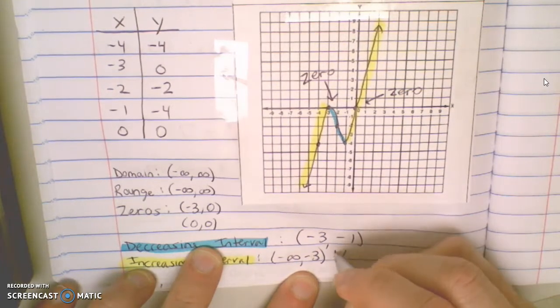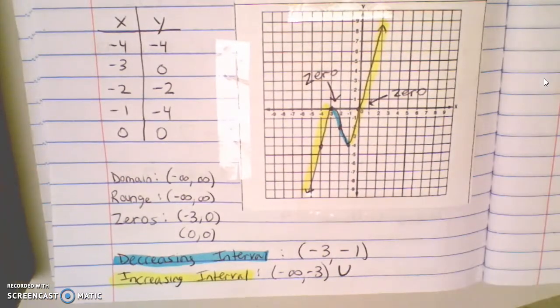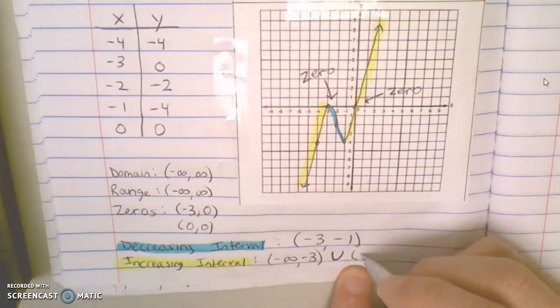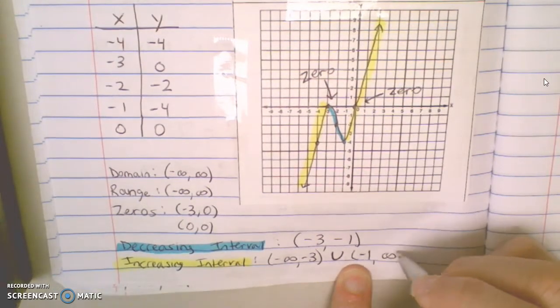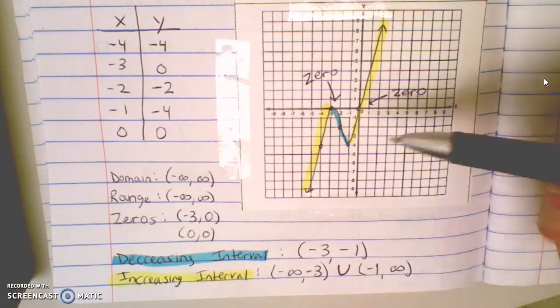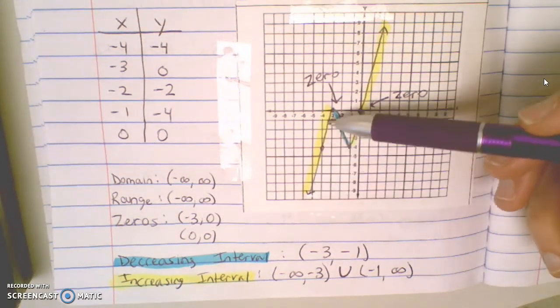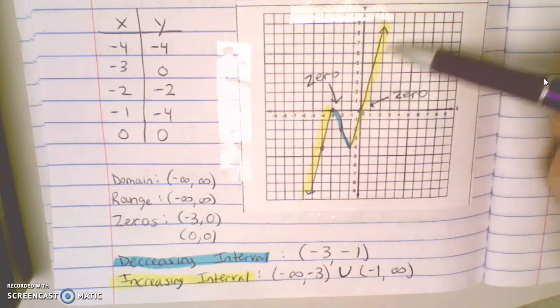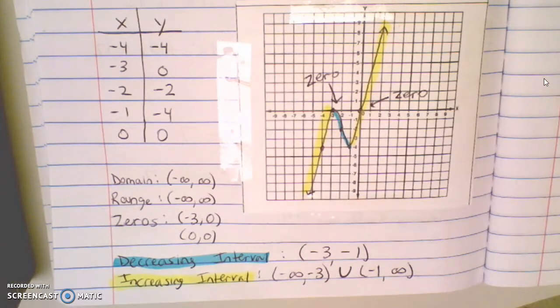And you use this U symbol as a union because it also is going to be increasing from negative 1 to infinity. So the trickiest part of these is remembering you're looking at the x values where things are increasing. So what are the x values of where the graph is growing or decreasing when you're doing increasing and decreasing intervals?